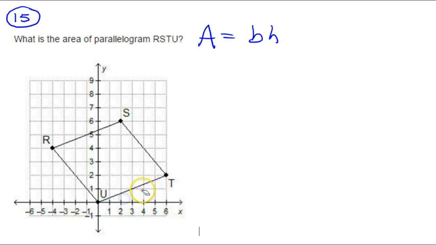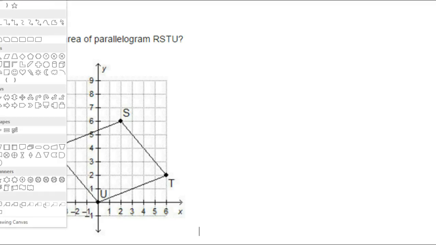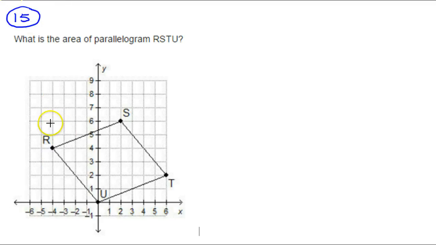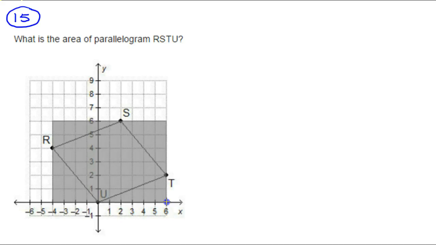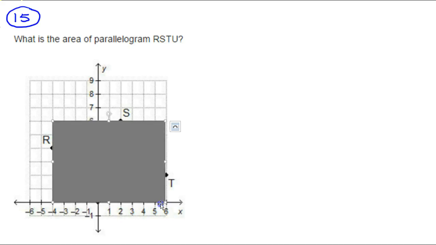So I prefer to use a different strategy called the box method. Gotta love the box method. So by the box method, I will draw a rectangle around this parallelogram, and I will subtract.